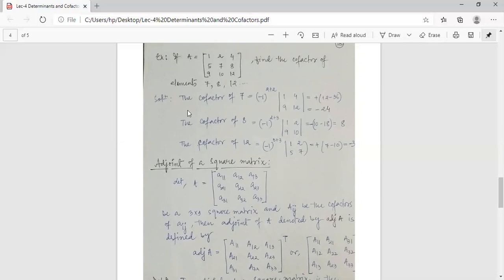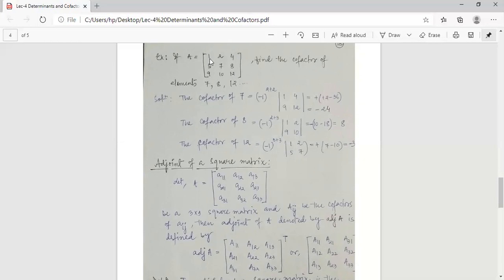Similarly, the cofactor of 8. First identify its location. This is second row, third column, so it is A23. So minus 1 to the power 2 plus 3, and then delete the corresponding row and column of 8, and you have the submatrix 1, 2, 9, 10.